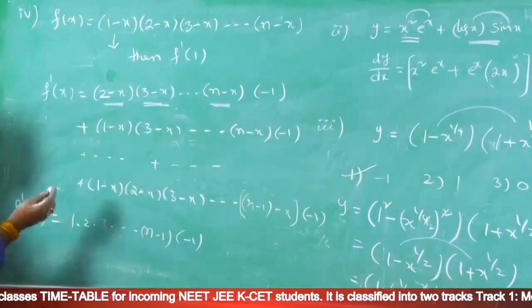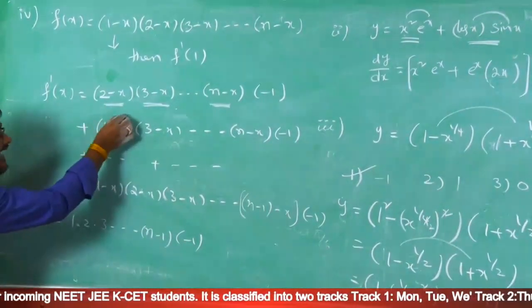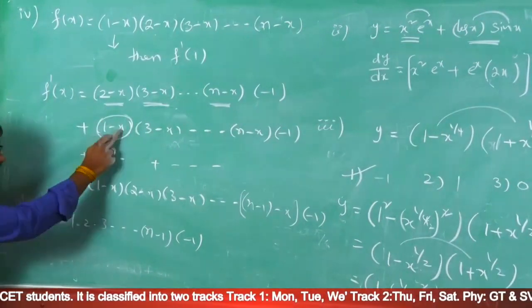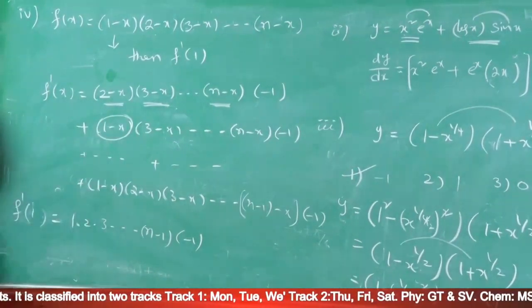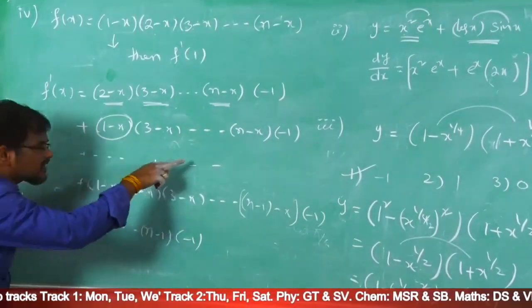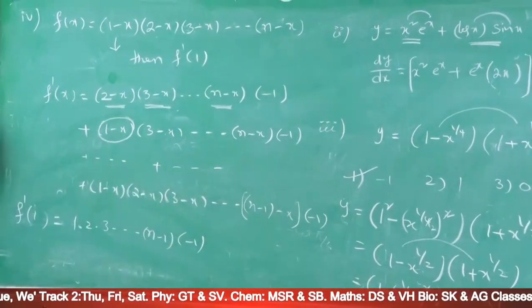In all the remaining terms, the factor 1 minus x is there. If you substitute 1 here you will get 0, and 0 into the remaining terms gives 0. The third term also has 1 minus x, which becomes 0, etc.